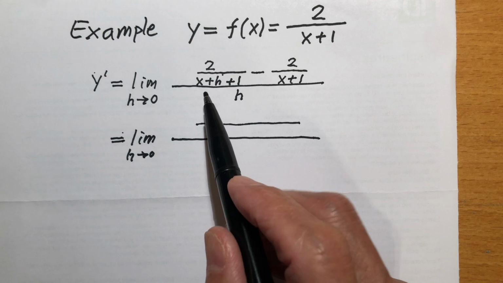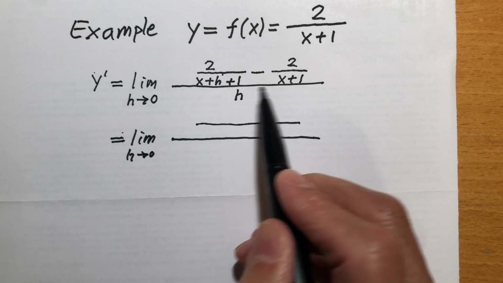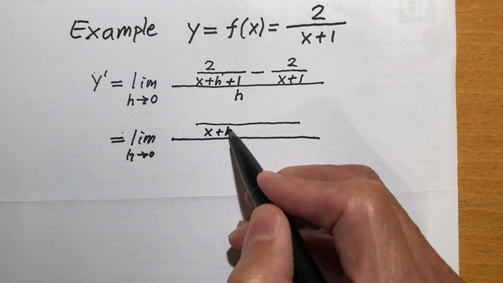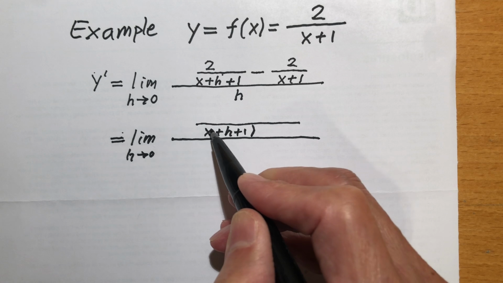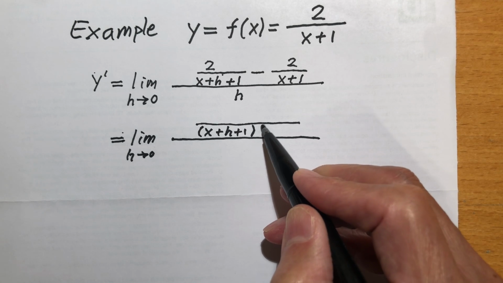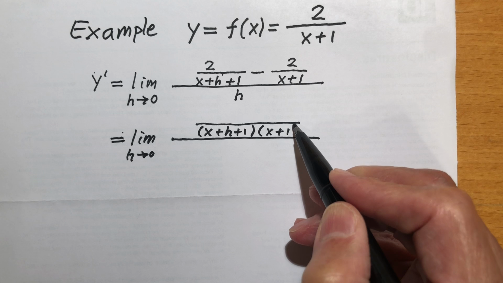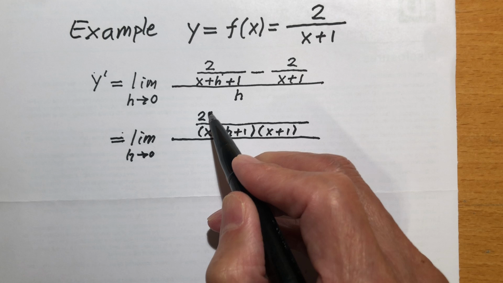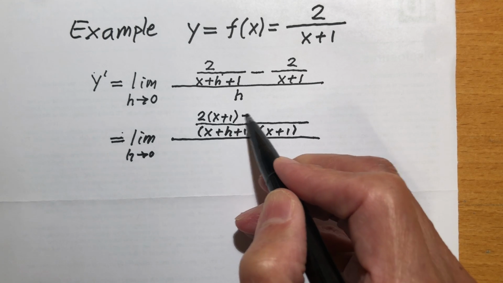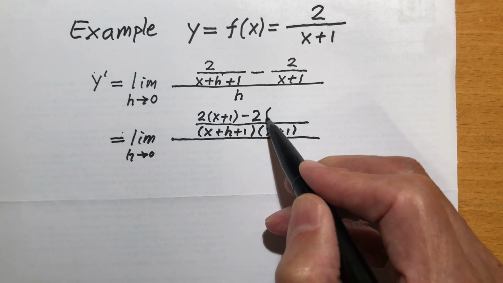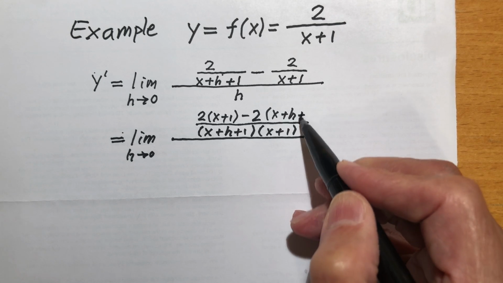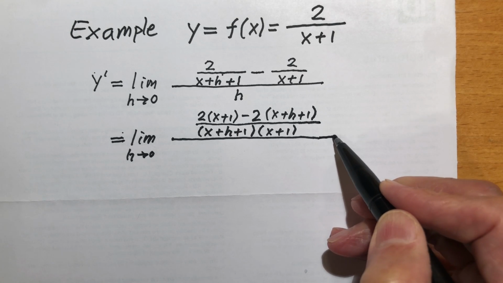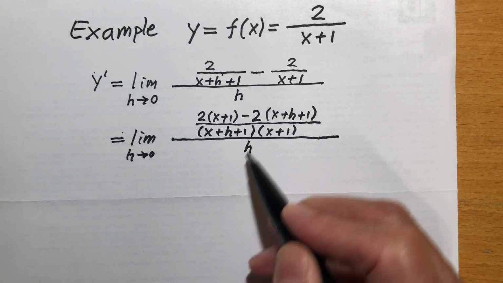The common denominator is the product of this denominator and this denominator. Okay, 2. Divide by h.